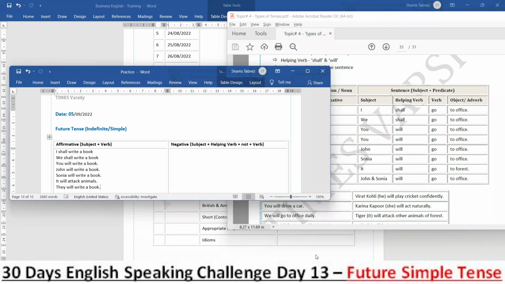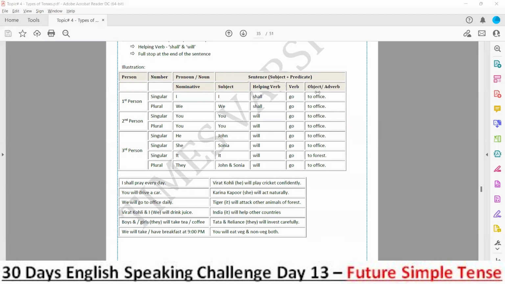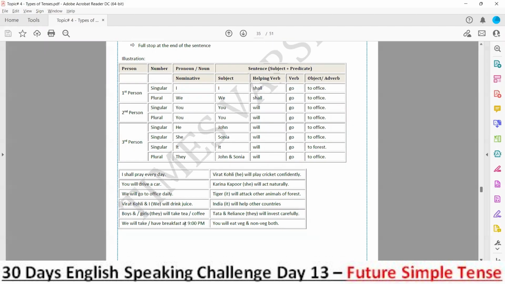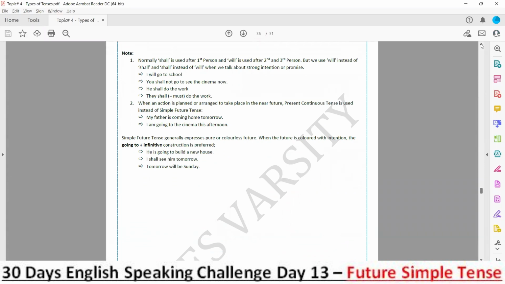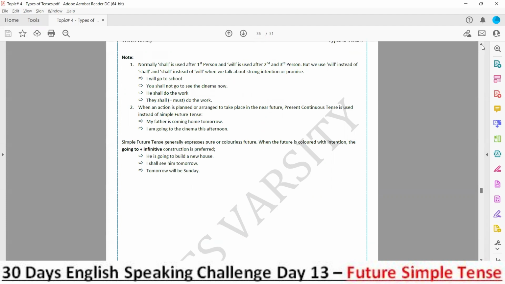Now let's discuss negative sentences in future indefinite. And here, a note. Normally, the helping verb shall is used after the first person, singular and plural, and will is used after the second and third person. This is what we have done.